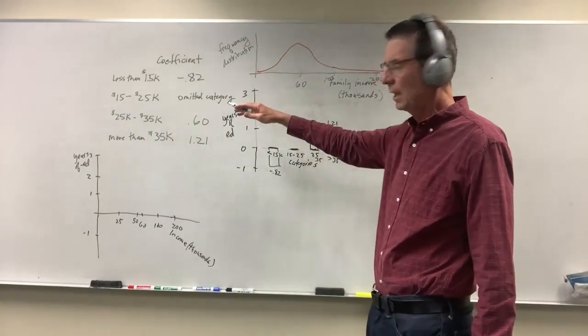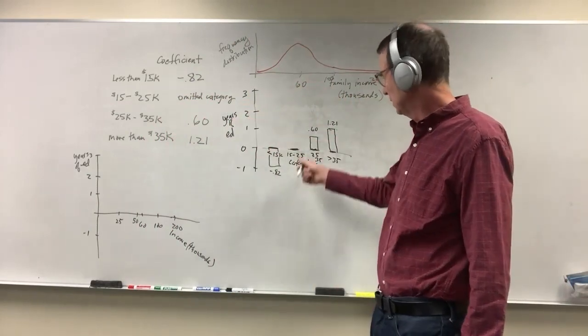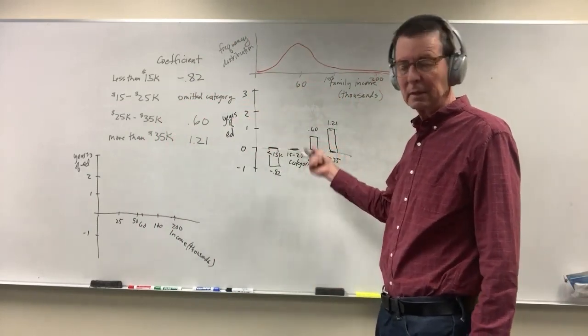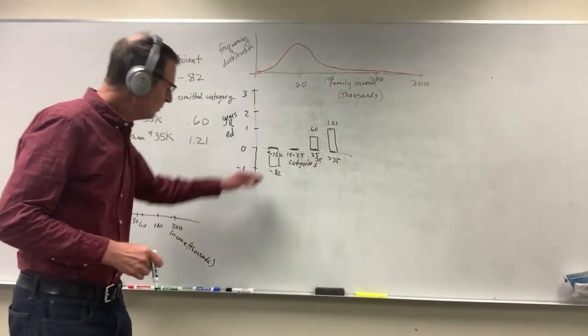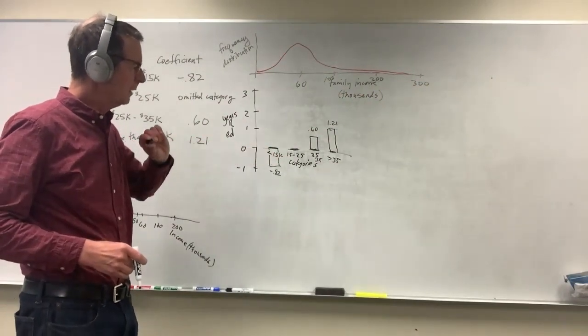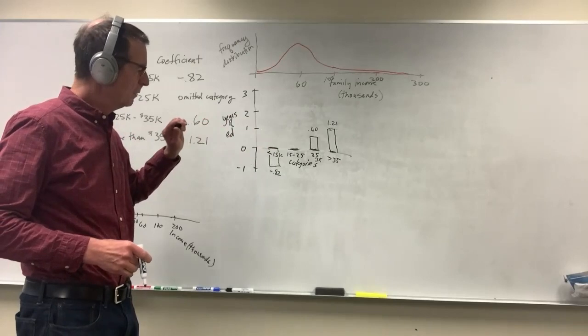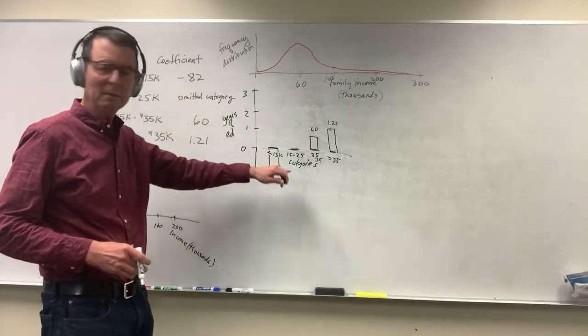If you think about this as a categorical variable consisting of 4 categories, this is the bar graph that you get, right? But if you're asked, because this is an income categorization, to describe the relationship between years of education and income, right?